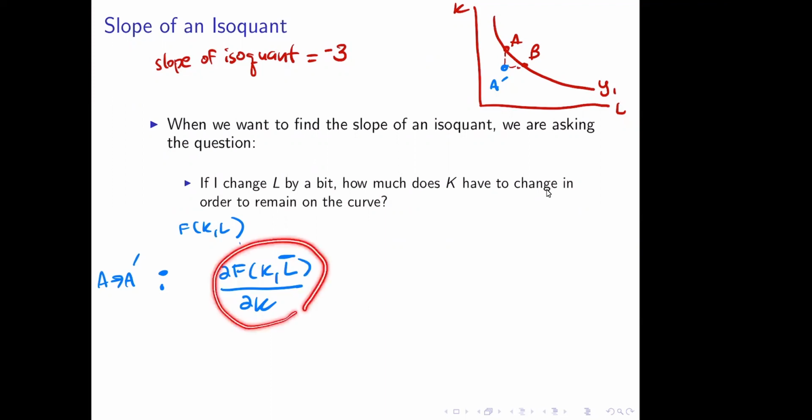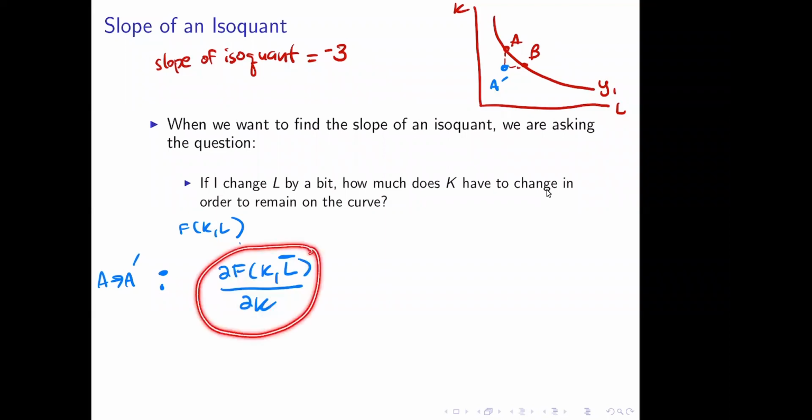When we decrease K, Y would decrease. If you decrease K by 1 unit, Y would decrease by MPK units.